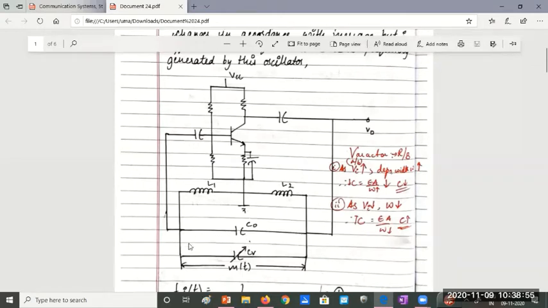Now, in parallel with C0, I'm going to introduce another capacitor that is variable. We call it a varactor. Hope all of you have heard of the varactor diode. A varactor diode is generally written like this.